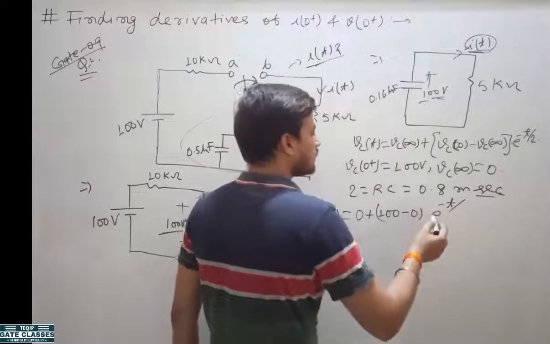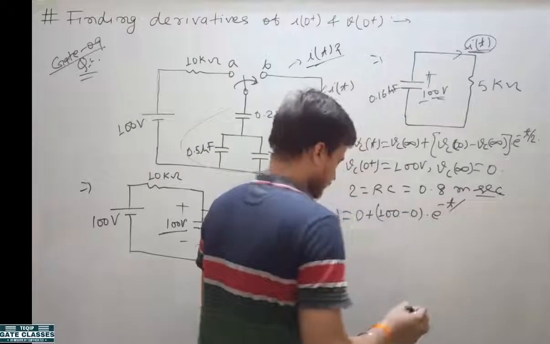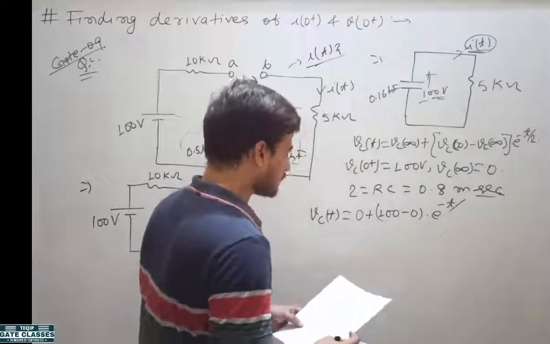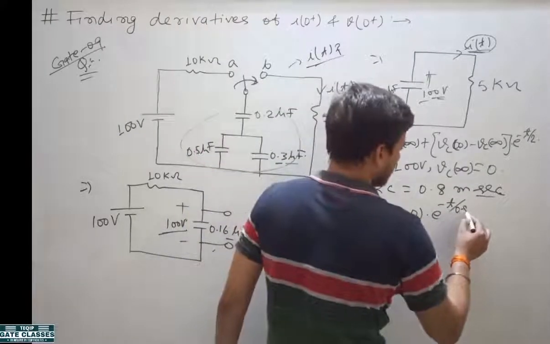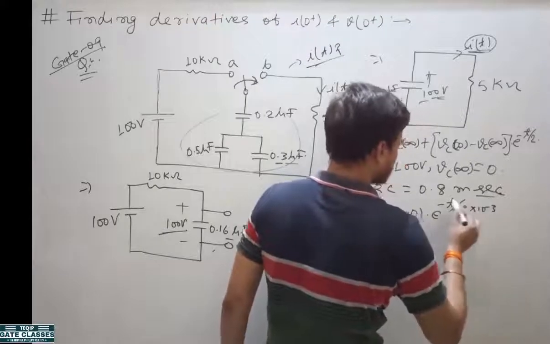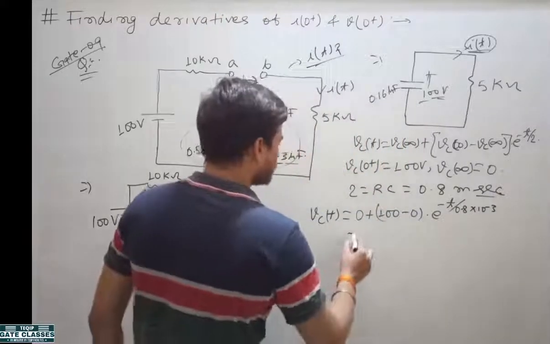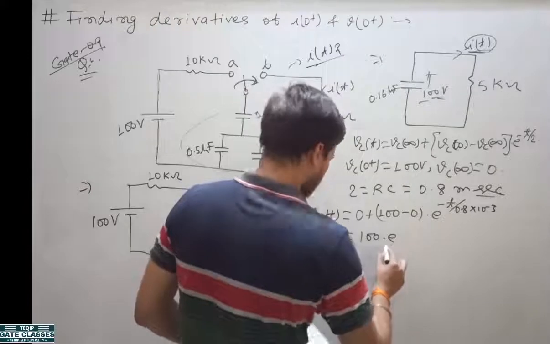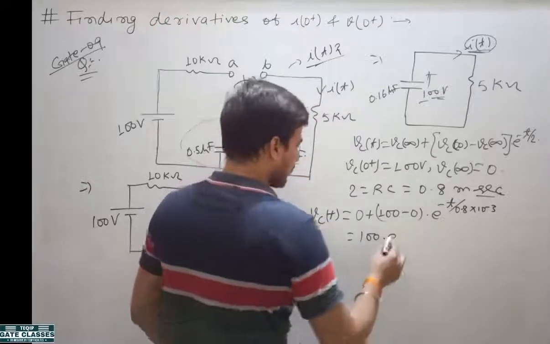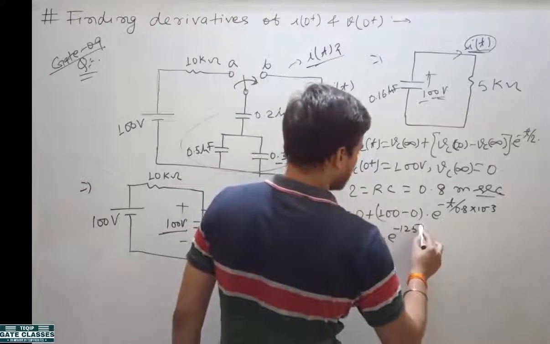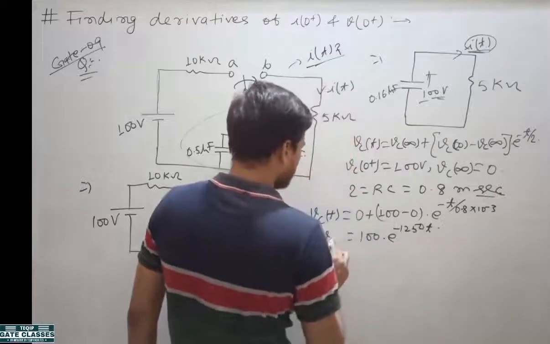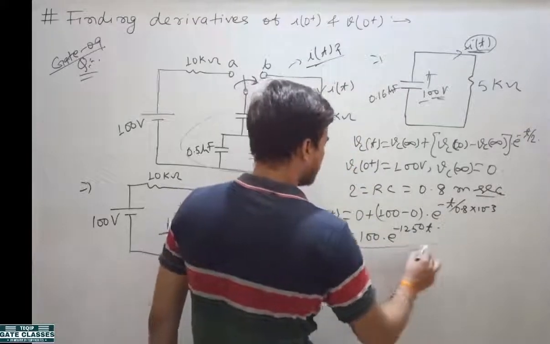So tau is how much? Tau can be written as 0.8 into 10 to the power minus 3. So from here it will be 100 into e to the power minus 1250 t.